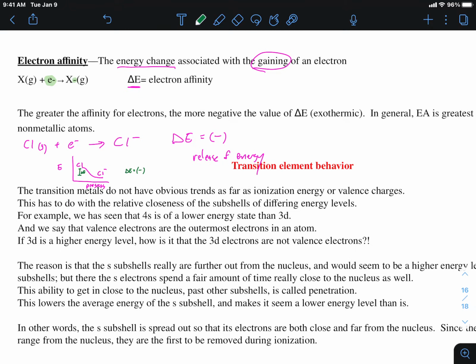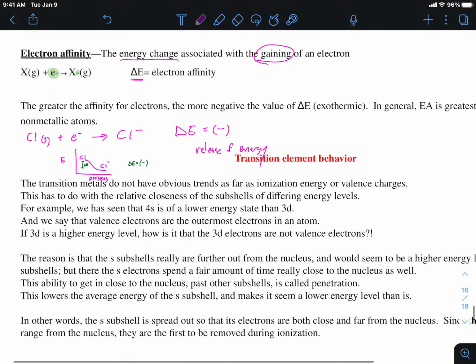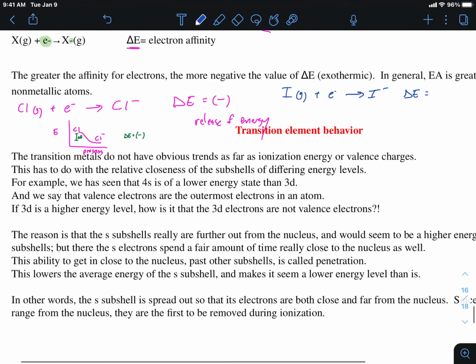And if I were to draw another one here, okay, so let's say iodine. All right, let me actually pick a different color. Iodine, and gaining an electron to form I minus. The energy profile might look something like this.